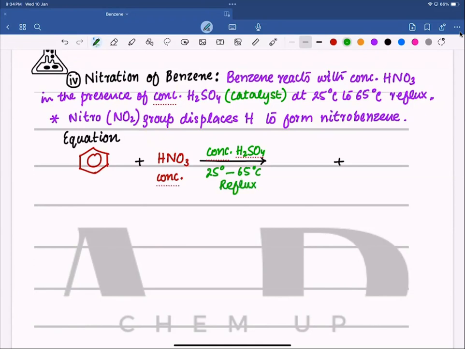Reflux. So from HNO3, the NO2 group substitutes the hydrogen, and that hydrogen comes out from the benzene, joins with the OH to form H2O. So that is the equation. Is this clear to all of you?